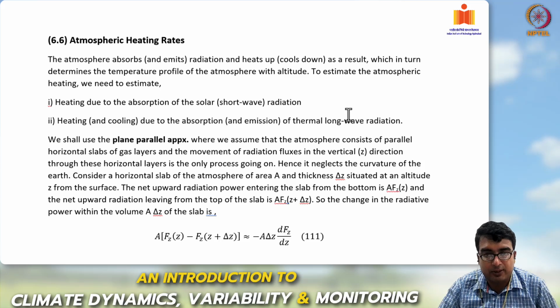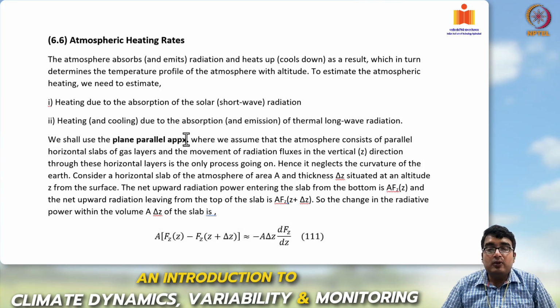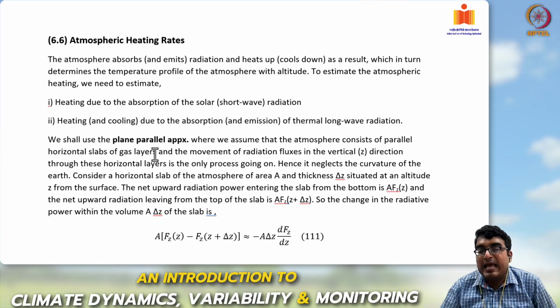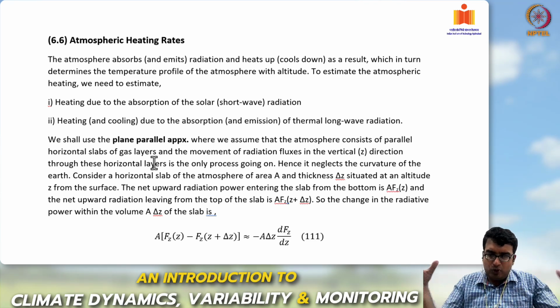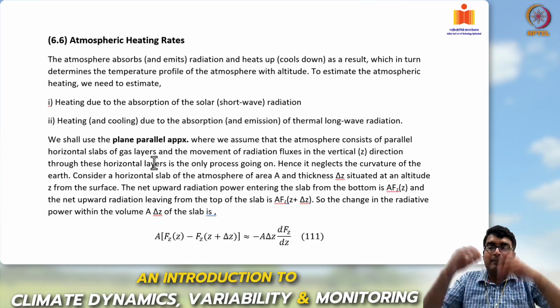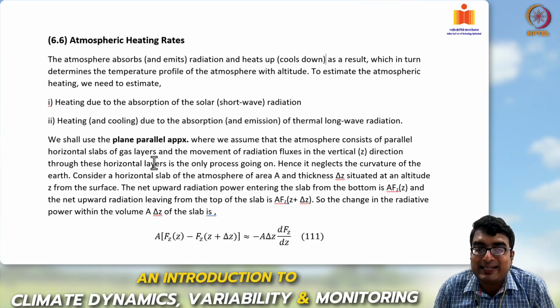So we will use what is called the plane parallel approximation, where we assume that the atmosphere consists of parallel horizontal slabs of gas layers, as we have been showing, flat ground slabs of parallel horizontal gas layers.